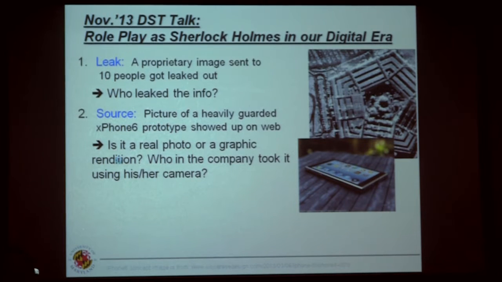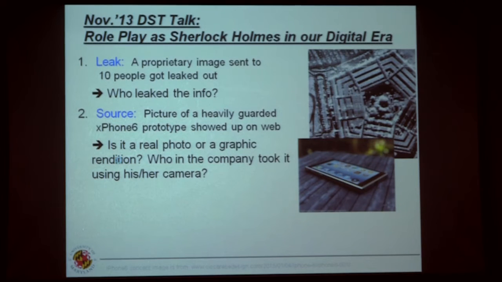Basically we embed noise as our tracer, but each specific noise pattern traces to a particular user. The research issues are: how do we design that tracer? How do we embed it in an imperceptible way, as well as reliably detect it? And how do we trace to the guilty person without falsely accusing the innocent?